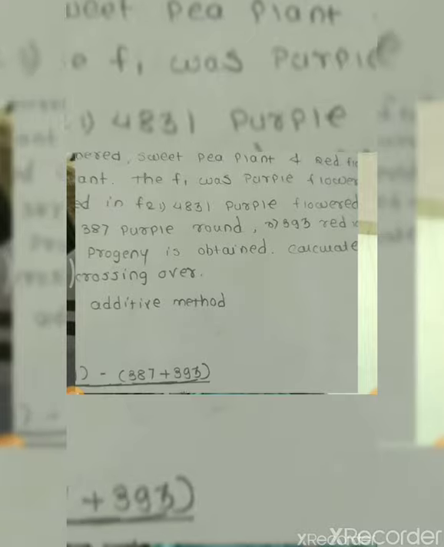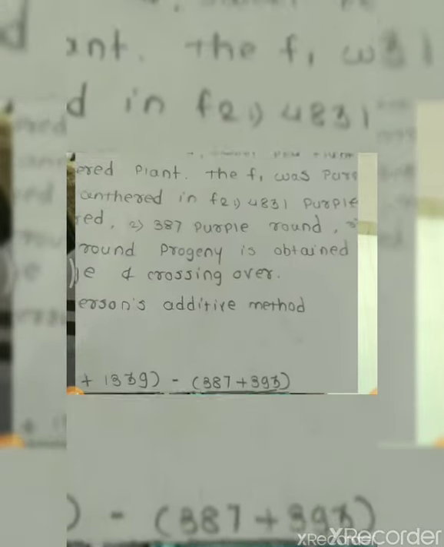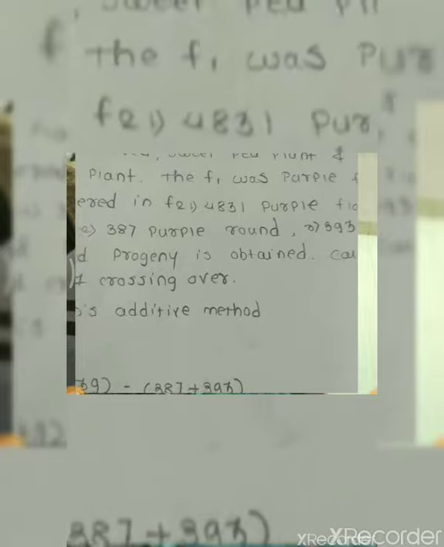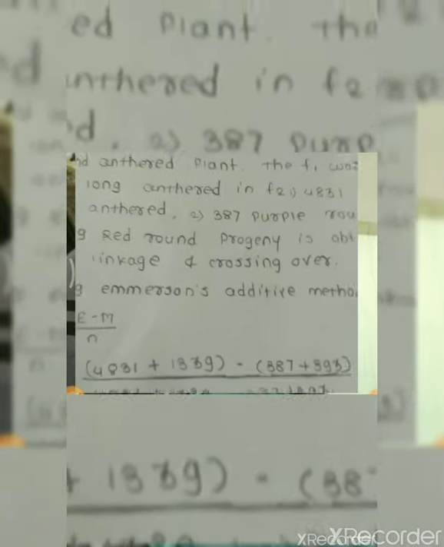In F2, 4831 were purple flowered and long anthered, 387 purple round, 393 red long and 1339 red round progenies were obtained. Calculate the linkage value and crossover value.